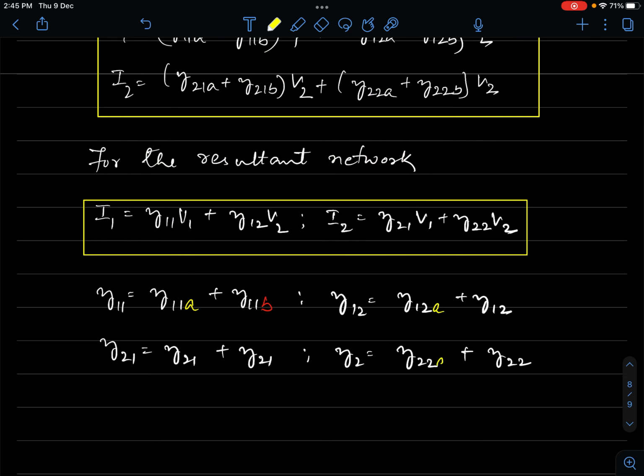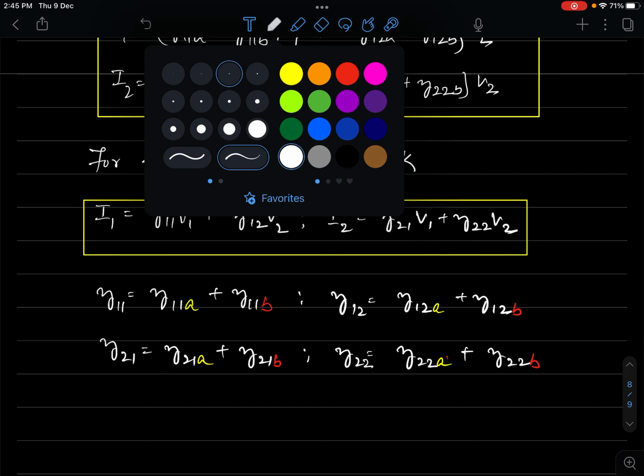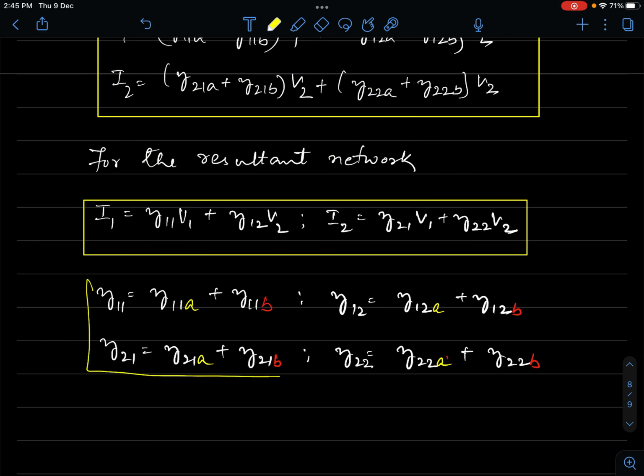I'll put the colors: this is of A network, and for B network I have of B network. So we are able to get the overall parameters, and there ends the derivation.